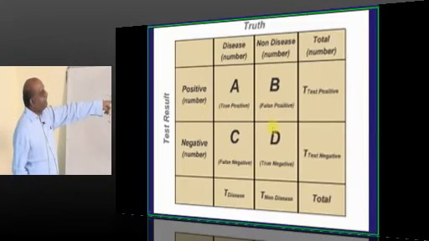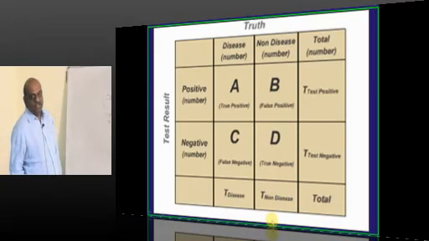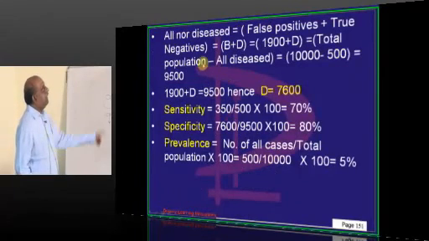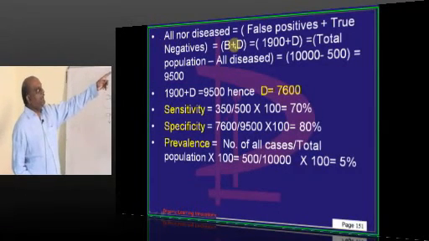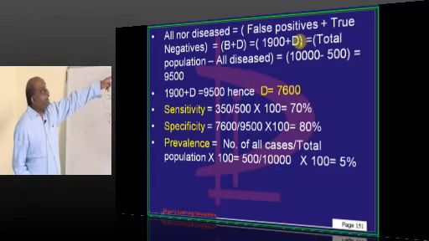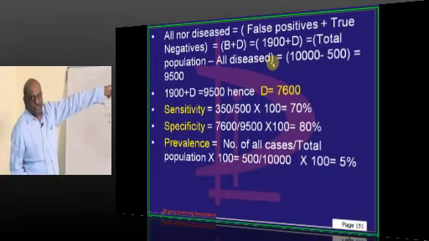So basically, where does D come? B plus D is all the people who are not diseased. Already you know B. From that you can get D. How? All not diseased are B plus D. Already you know B, which is 1900, plus D. And how do you get all who are not diseased? You take total population minus all diseased, which was given to you.